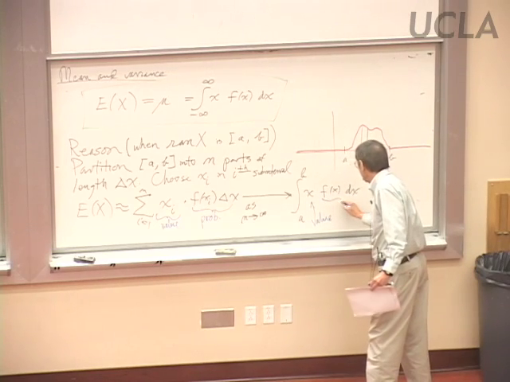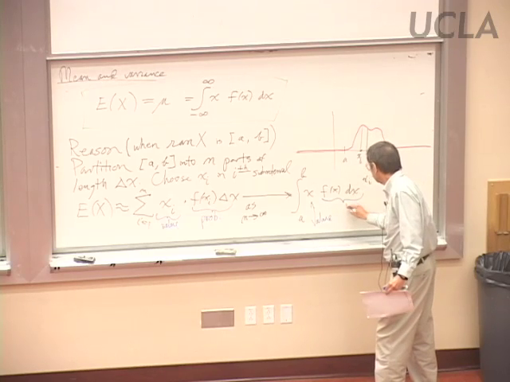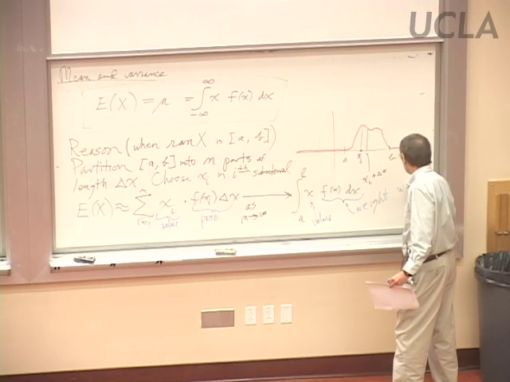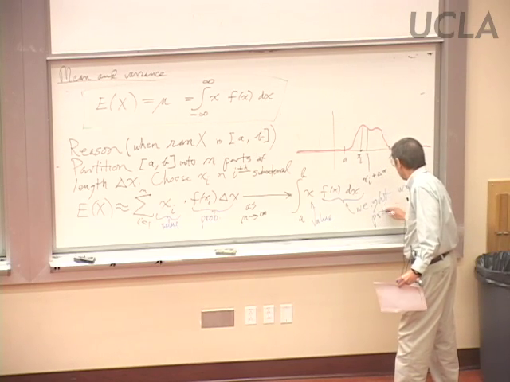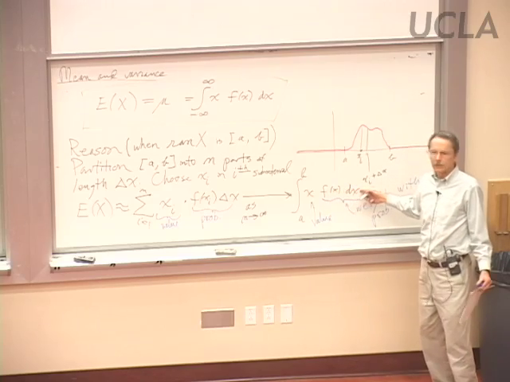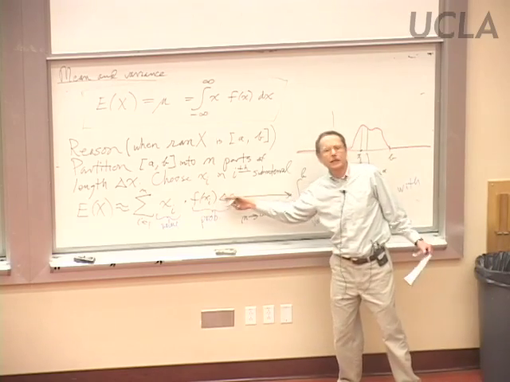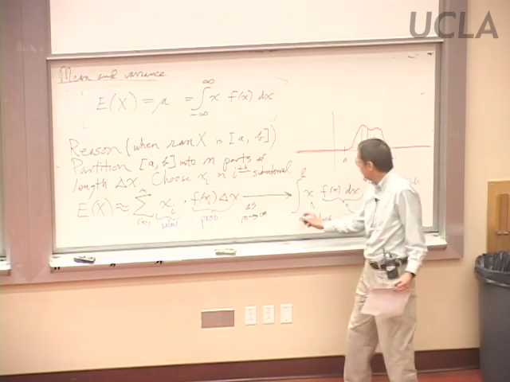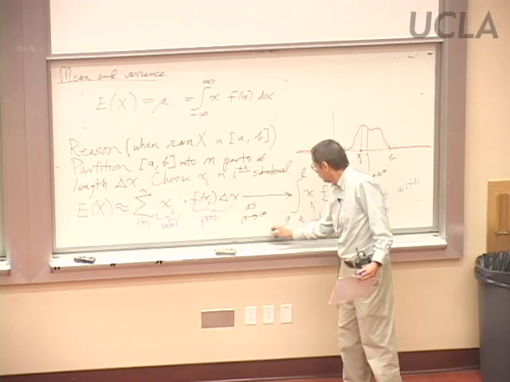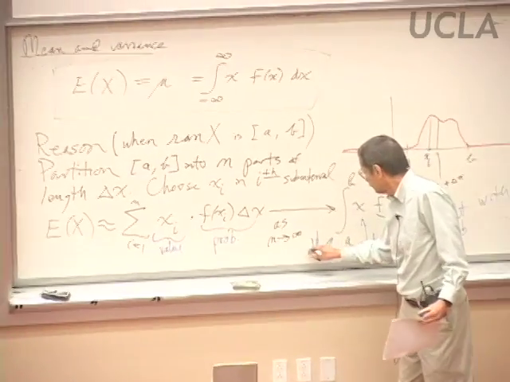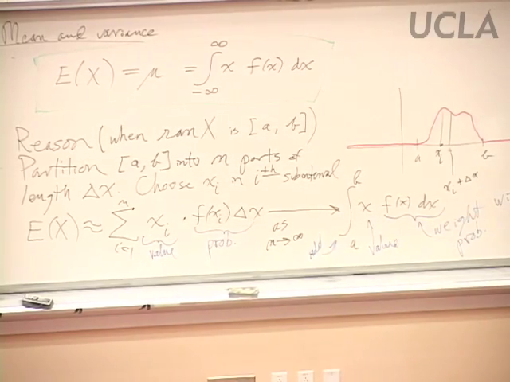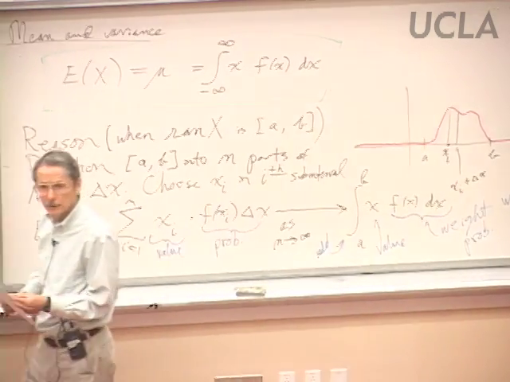We're weighting it with the appropriate probability. f of x dx, well, it's what you get in the limit from the f of x times delta x. And then we add them up. Well, that's what this says to do, and in the limit, of course, we do it by the integral. Well, that's where this comes from.